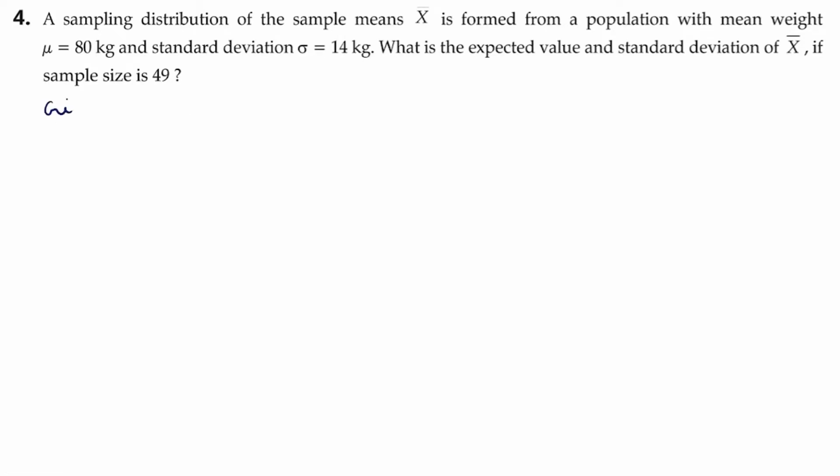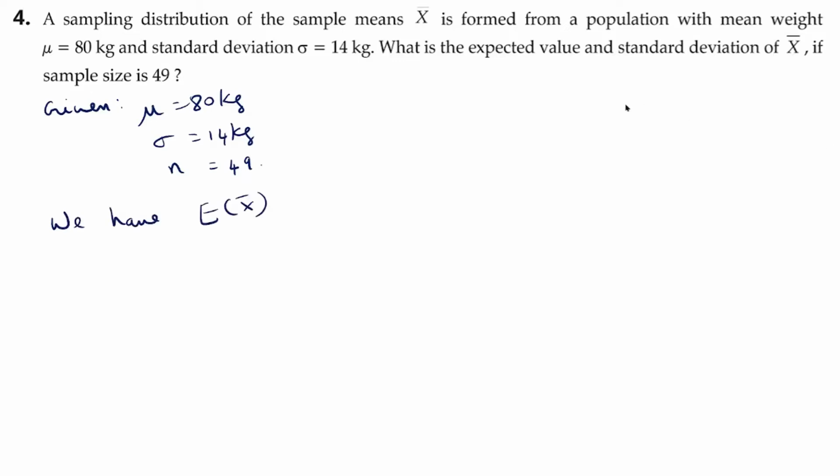First let us write what is given. Given mu equal to 80 kg, sigma equal to 14 kg and sample size n is 49. We are asked to find the expected value of x bar. We know that the expectation of x bar is equal to mu. So the expected value of x bar is equal to 80 kg.